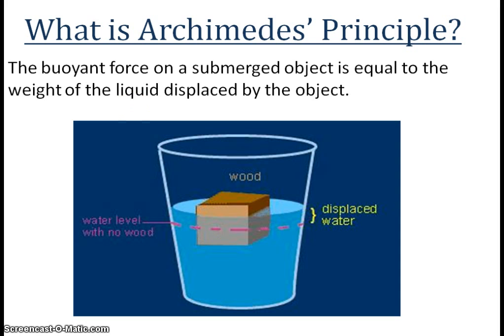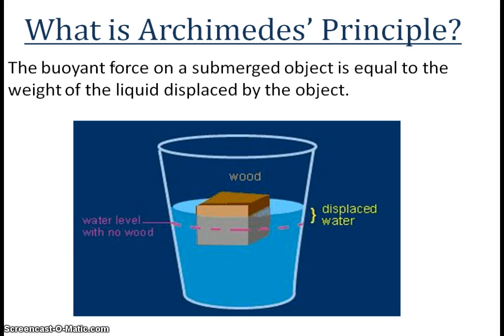Now when we talk about buoyant force, we have to talk about Archimedes' principle. In Archimedes' principle, the buoyant force on a submerged object is equal to the weight of the liquid displaced by the object. And this is very challenging to understand until you really think about what it's telling you.